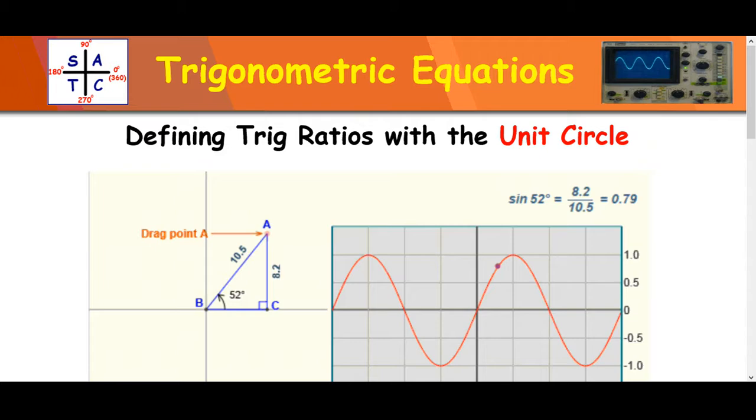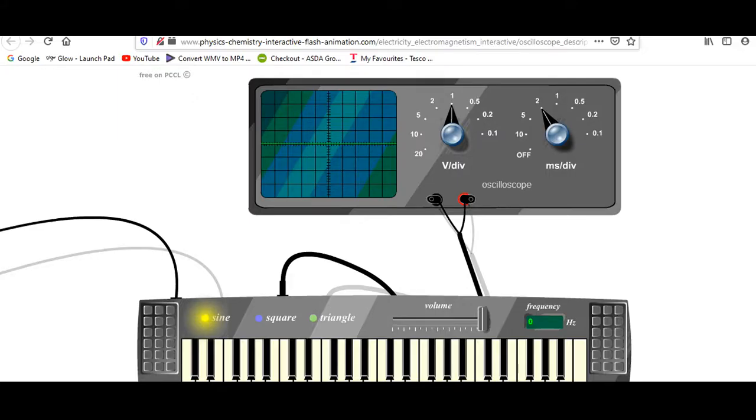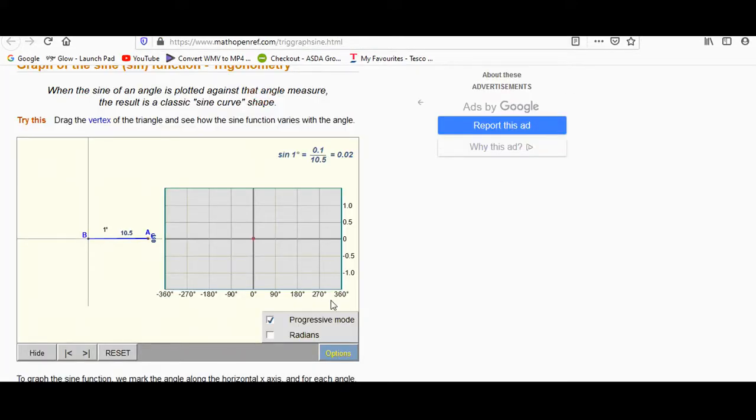Now, to have a wee look at how this works. So imagine I've got a graph system plotting here, and I've got triangles over here. Now watch what happens if I take different values. So the sine of 1 is 0.02, pretty much. Sine of 0 is 0, so we're starting there. Now if I create a triangle here, sine of 7, sine of 8, sine of 9, sine of 10, sine of 11, lots of different values, they're all getting plotted here as we go.